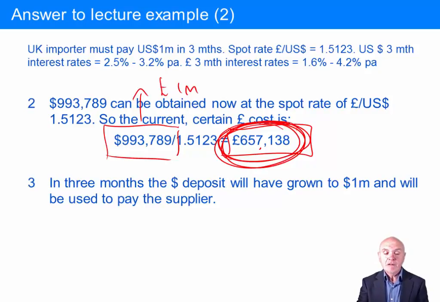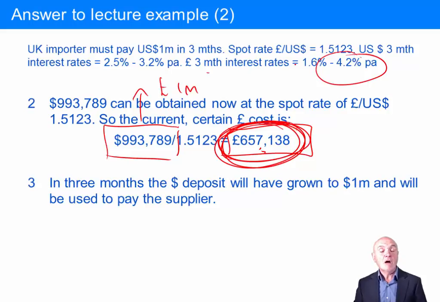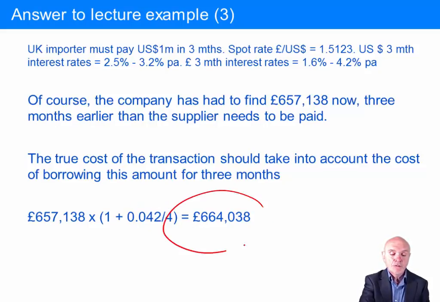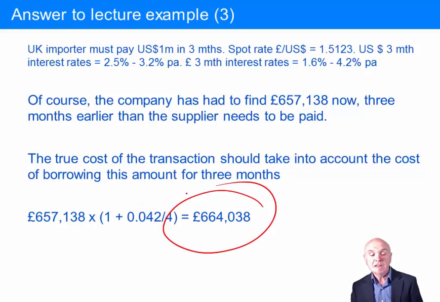So we need this money 3 months earlier. We can borrow it. This is sterling. We're looking at sterling 3 month rates. We're going to be paying 4.2% per annum on this 3 month amount. So to get to the proper cost, if you like, it's 657,138. Yes, but in a way to account for us having to spend this money earlier, the true cost is 664,038.